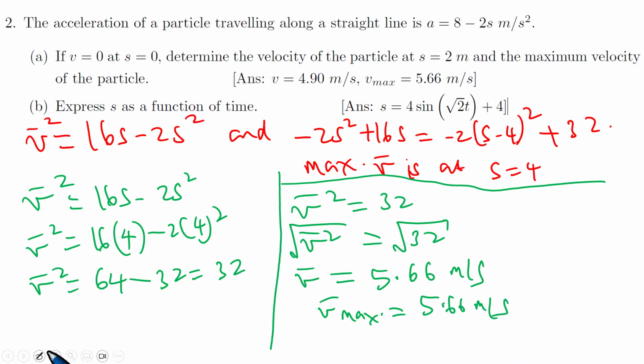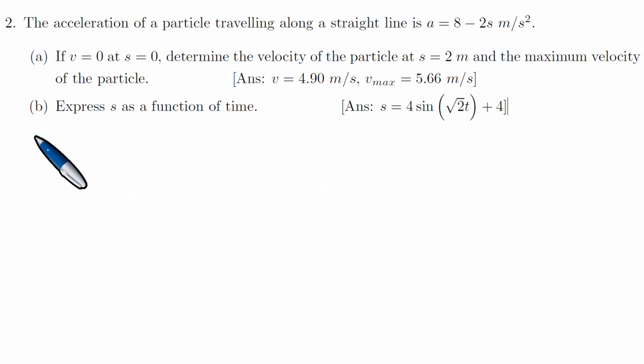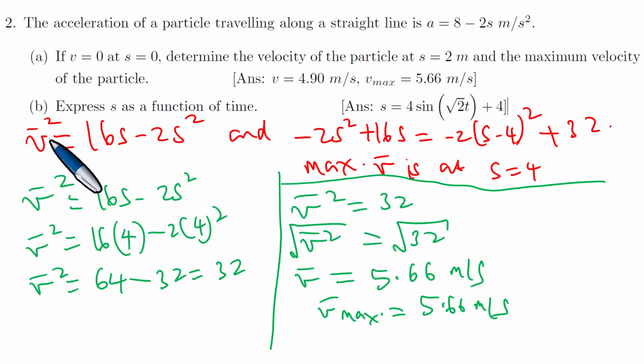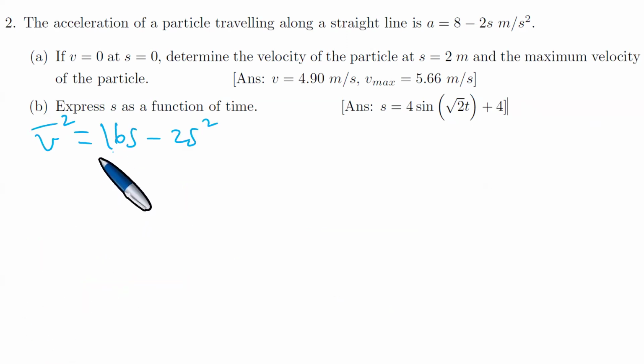But as I indicated, it's not the only way to the question. One way is to say the square of the velocity is 16s minus 2s squared. With this, we want to find the maximum velocity.